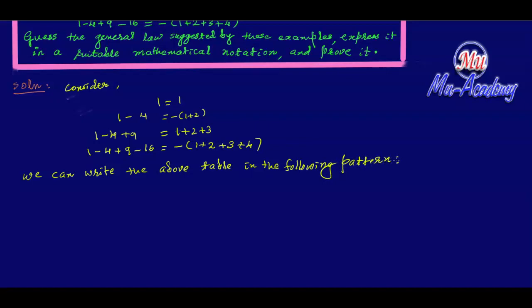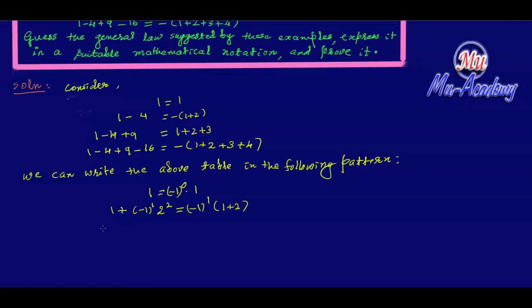Now I can write down this 1 as minus 1 raised to 0 into 1, and 1 minus 4, I can write down minus 1 raised to 1 into 2 square, is equal to minus 1 raised to 1 into 1 plus 2.